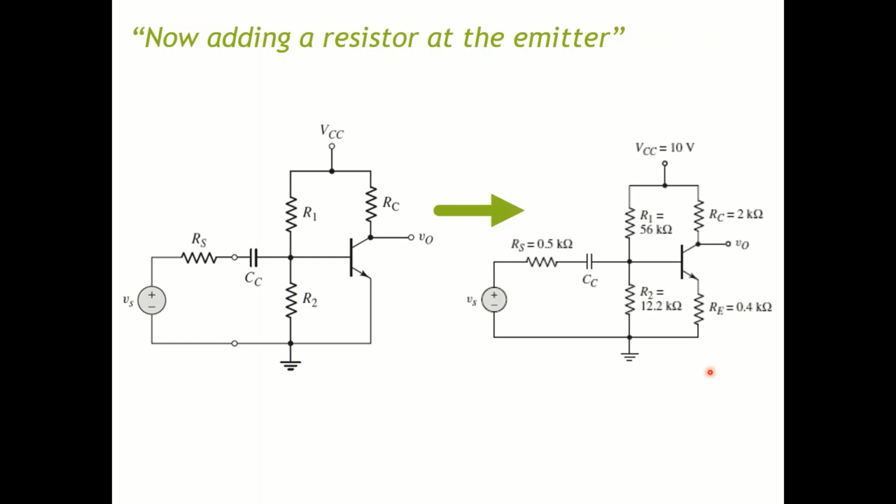You can make your voltage gain less dependent on your amplification factor beta. And one last thing I want to note is that even though the emitter of this transistor is not directly connected to the ground, this configuration is still referred to as a common emitter amplifier.